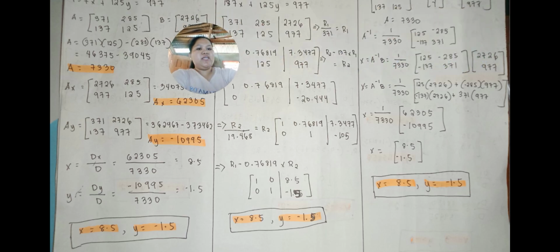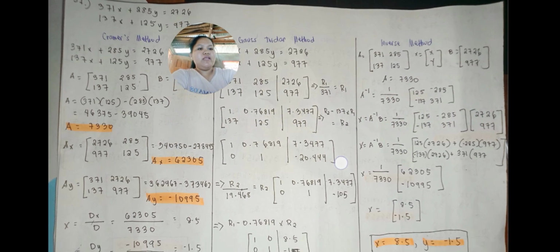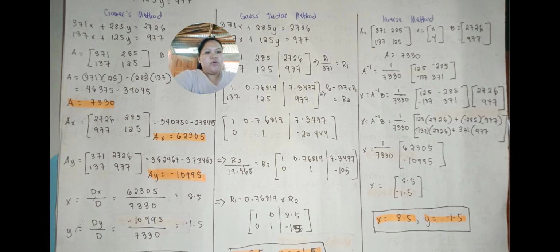So, let us proceed with the inverse method. Our determinant A is equal to 7,330 and we apply the inverse. From the inverse, we are going to multiply the inverse A and the B. So it results to 62,305 and negative 10,995.